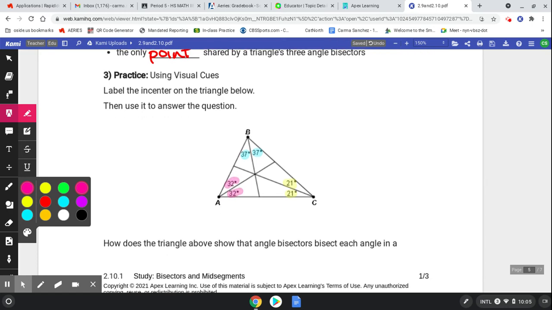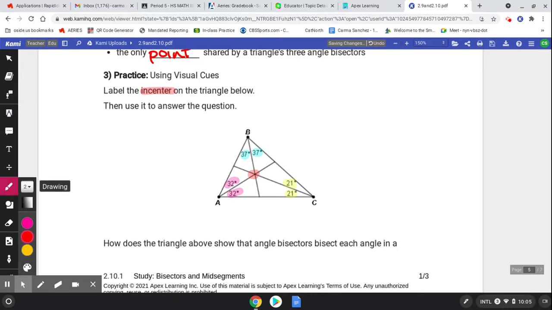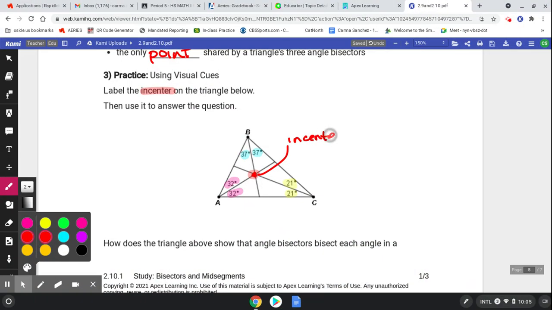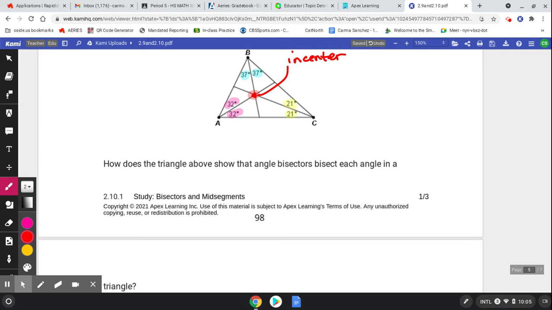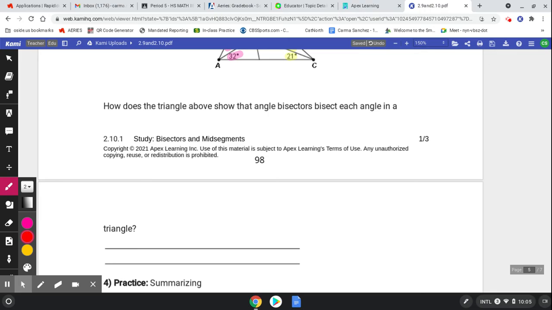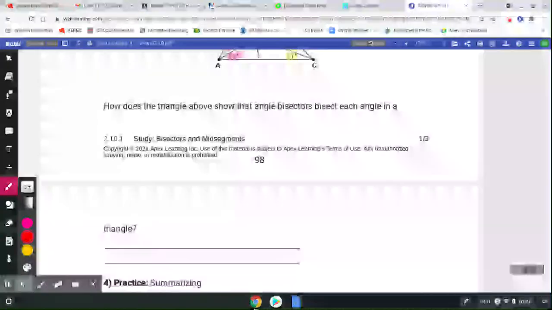So label the incenter. Label the incenter. How does the triangle above show that angles bisect each angle in a triangle? And this can be in your own words, please, or here's a possible response.